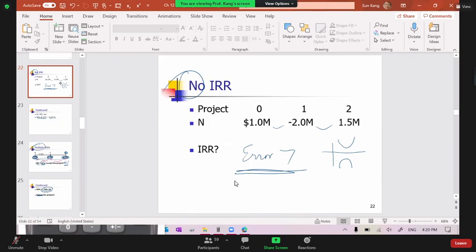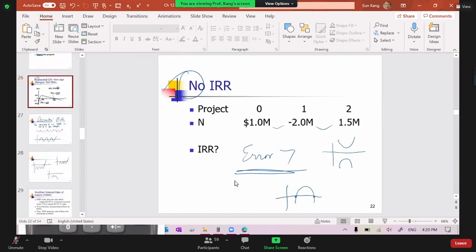So this can have a maximum of 2, but in this case it doesn't touch the x-axis, so no IRR. So when the sign change is more than 1, you should know that the IRR rule doesn't apply.